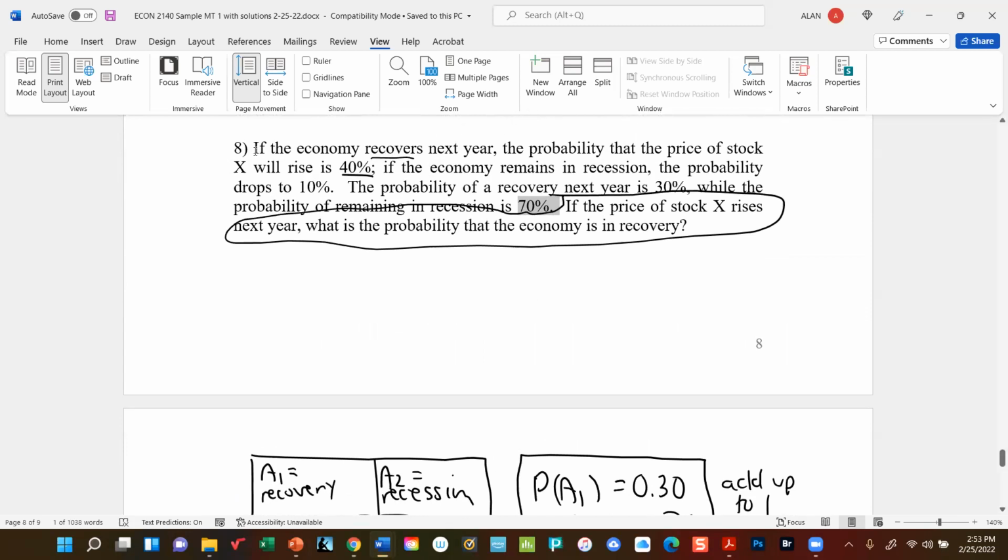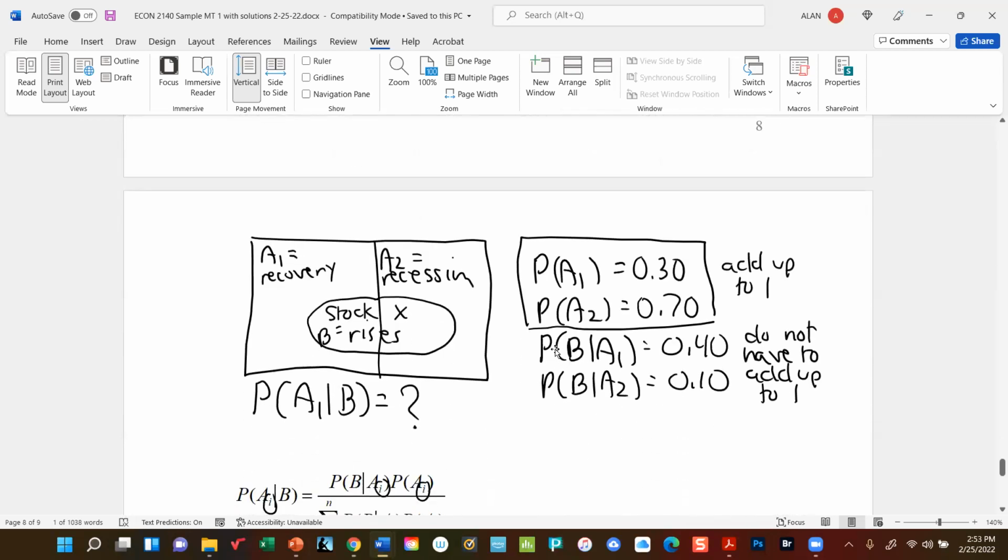It says here, if the economy recovers, so assuming that we know that A1 is true, the probability that the price of the stock goes up is 40%. So this in symbols means the probability of B given A1 is 0.40. And here it is right here. The probability of B given A1, the probability of the stock price rising during a recovery, is 40%.